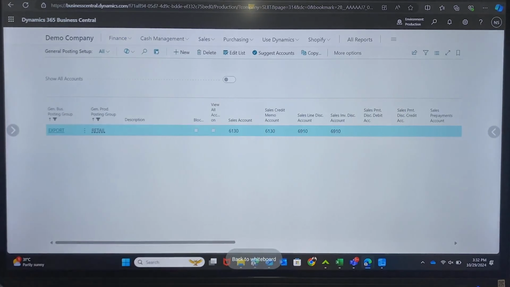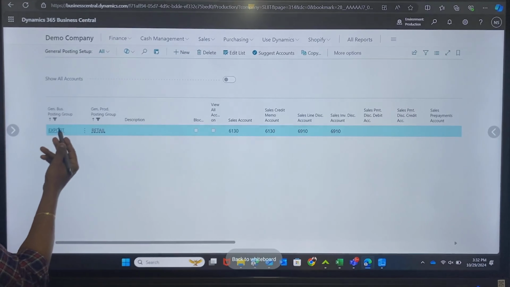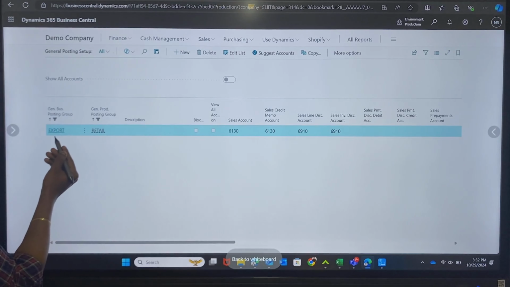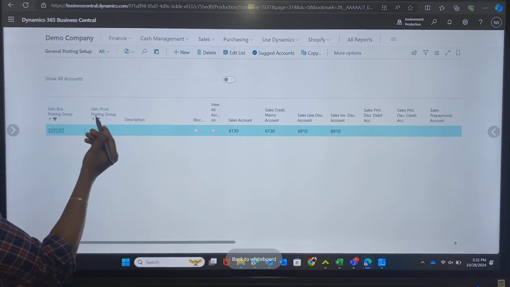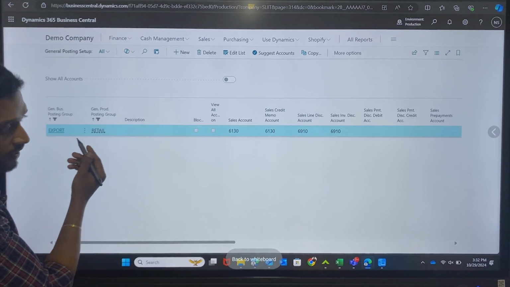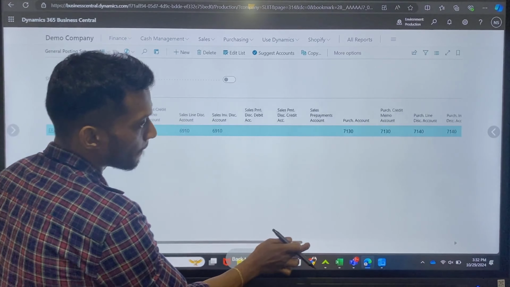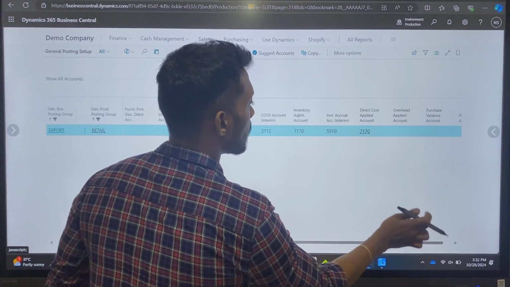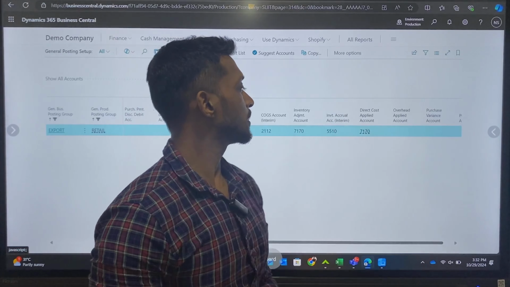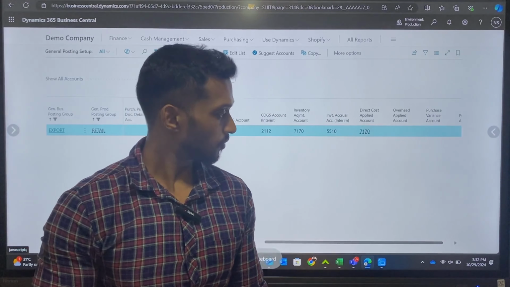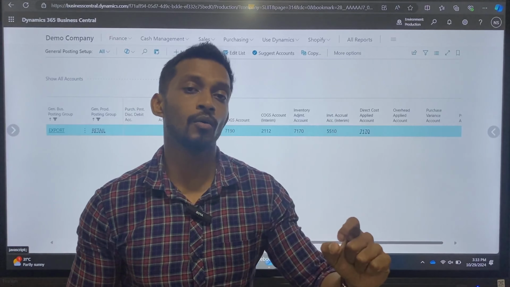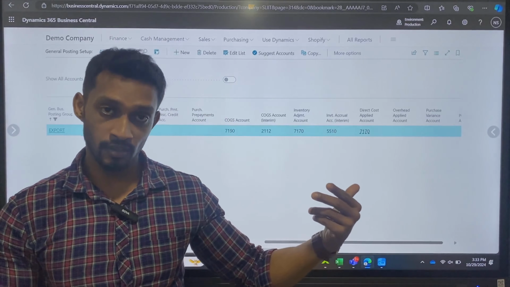Under general posting setup, I have sorted general business posting group is export, general product posting group is retail. Under that, I have set up this inventory accrual account interim, which means the 5510 account. This is what we call the goods received not invoiced account.